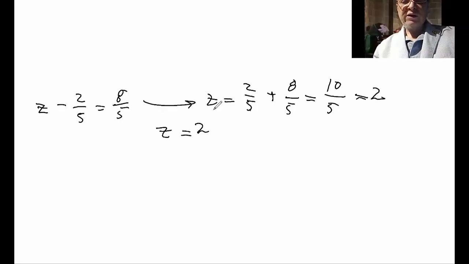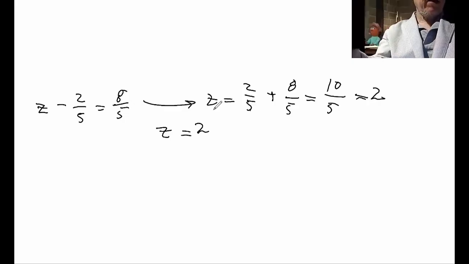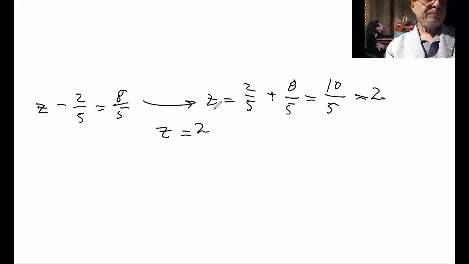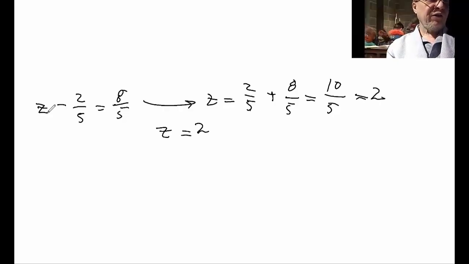Another way to do it is a technique which is more powerful and more useful, by clearing the denominator. Now you may ask, how do we do that? Well, let's look at what we have here.